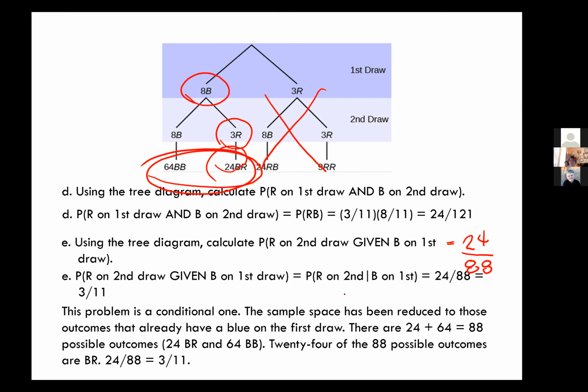It's a conditional probability. The sample space has been reduced to those outcomes that already have a blue on the first draw. There are 24 plus 64, 88 possible outcomes. 24 of those 88 possible outcomes are blue-red, so red on the second draw.